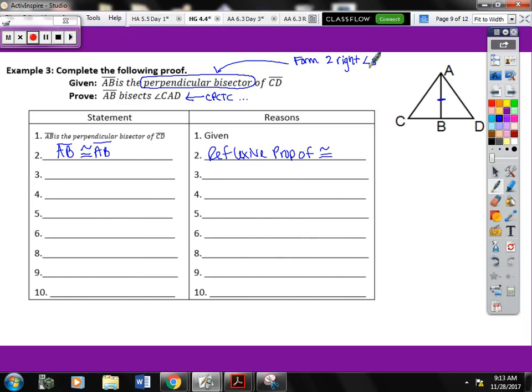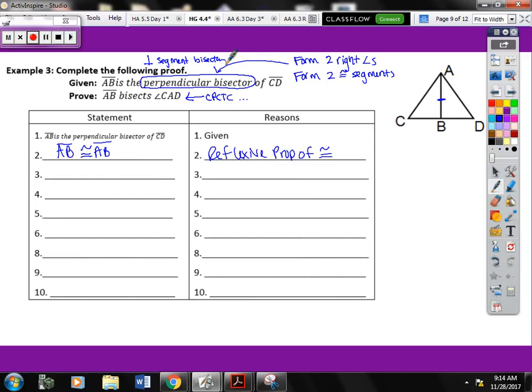Two congruent segments. Good. So a perpendicular bisector is actually a perpendicular segment bisector. They just don't write the segment part. They just say it's a perpendicular bisector. So it's perpendicular and it's a segment bisector.